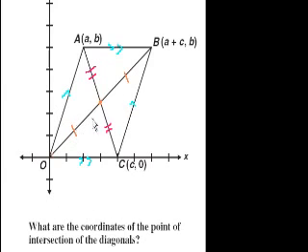If we want to find if this is really the midpoint between O and B, then we just have to find the midpoint of their coordinates. And the way to find the midpoint of two coordinates is actually very intuitive. You just average the coordinates, right?